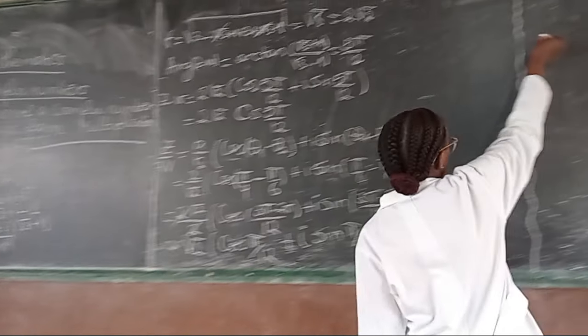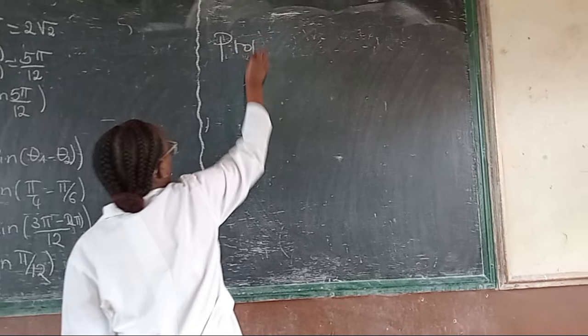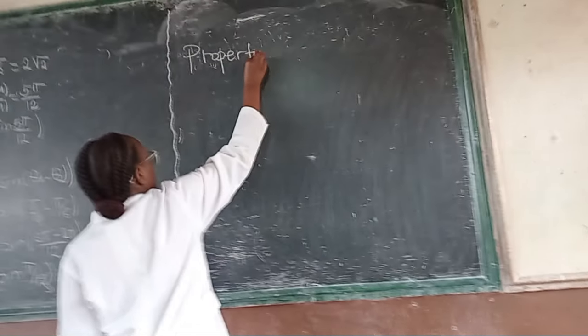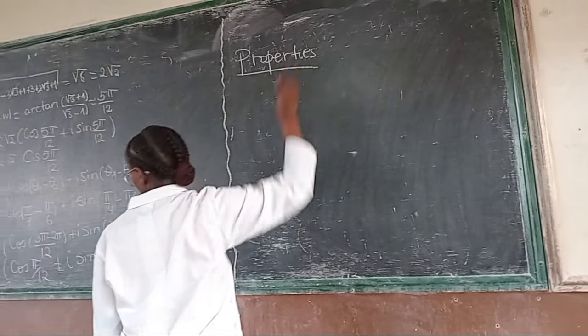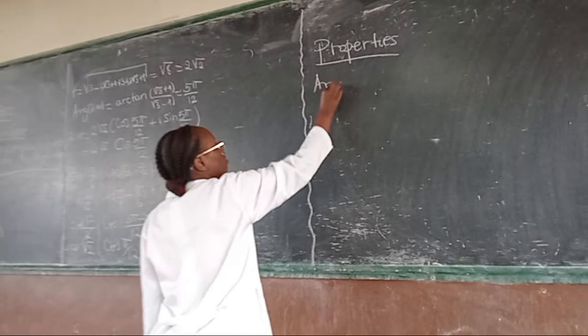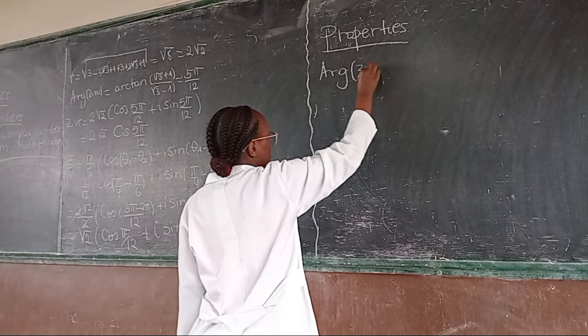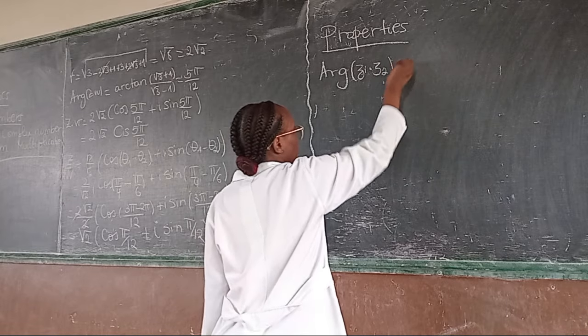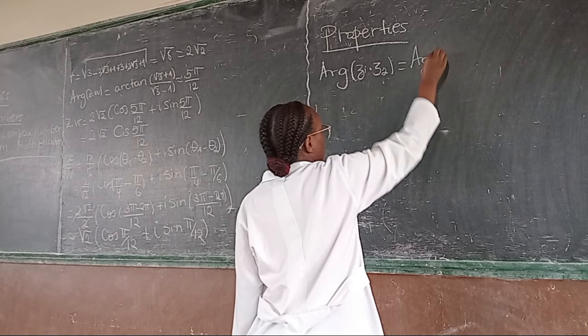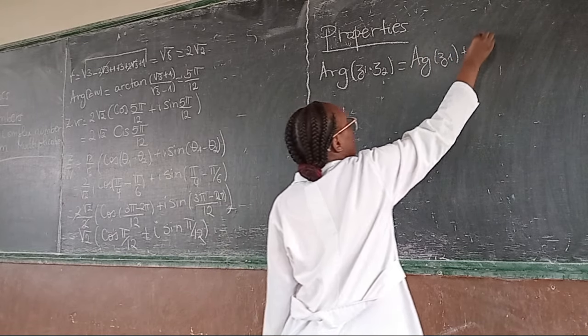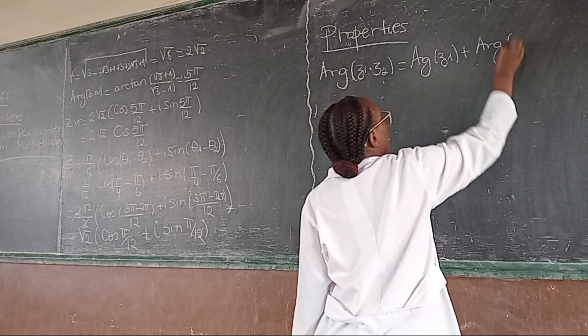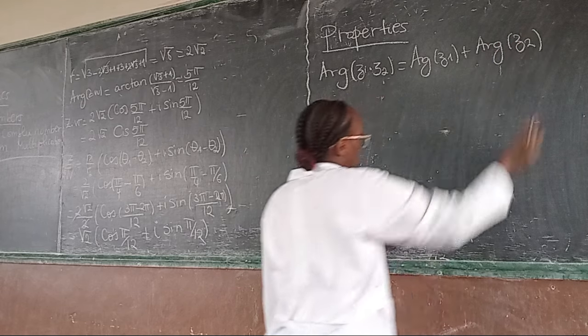So we have some properties that we have to know. Normally, the argument of z1 times z2 is equal to the argument of z1 plus the argument of z2.